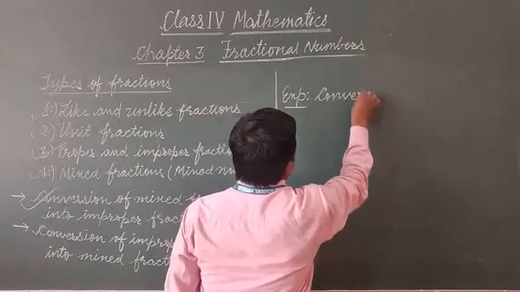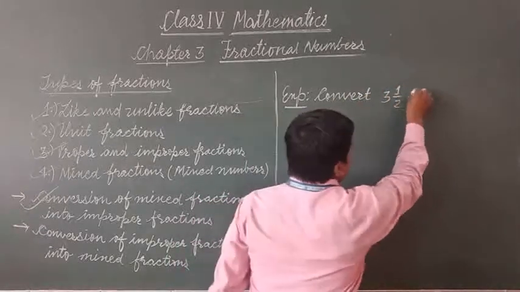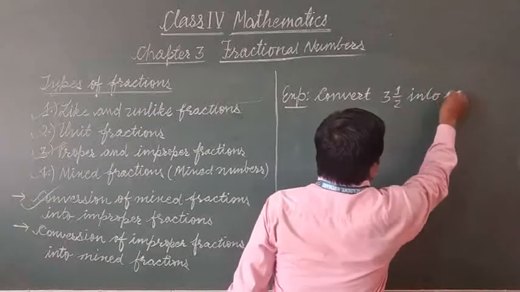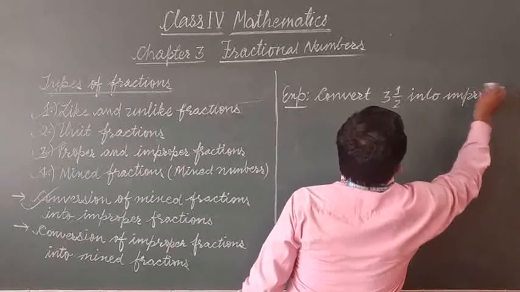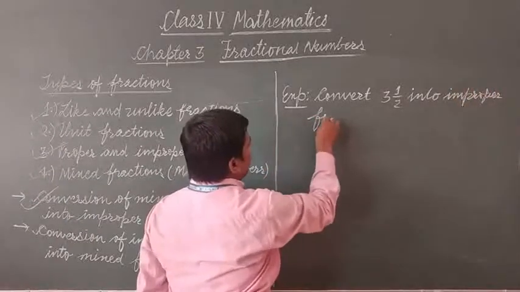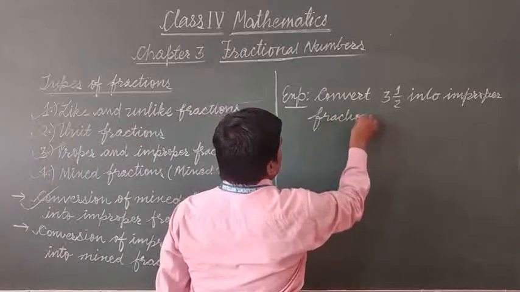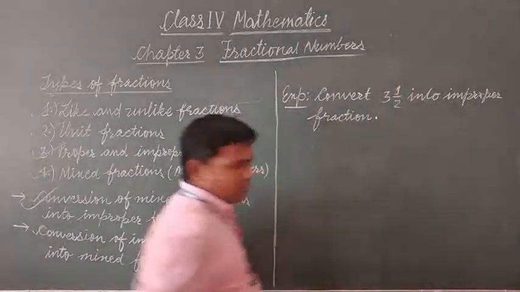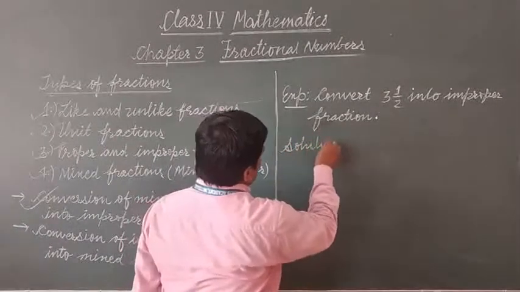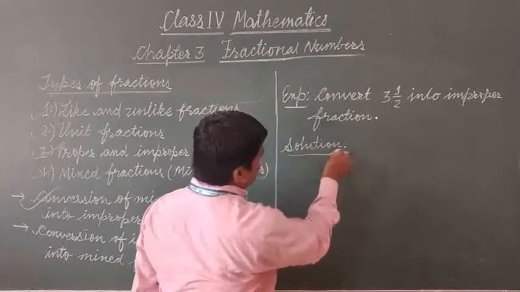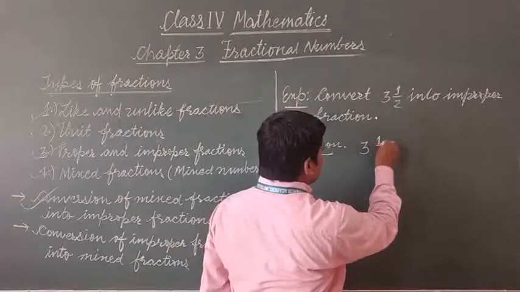Convert 3 whole 1 by 2 into improper fraction. So you will write the solution here. You will write your fraction like this.